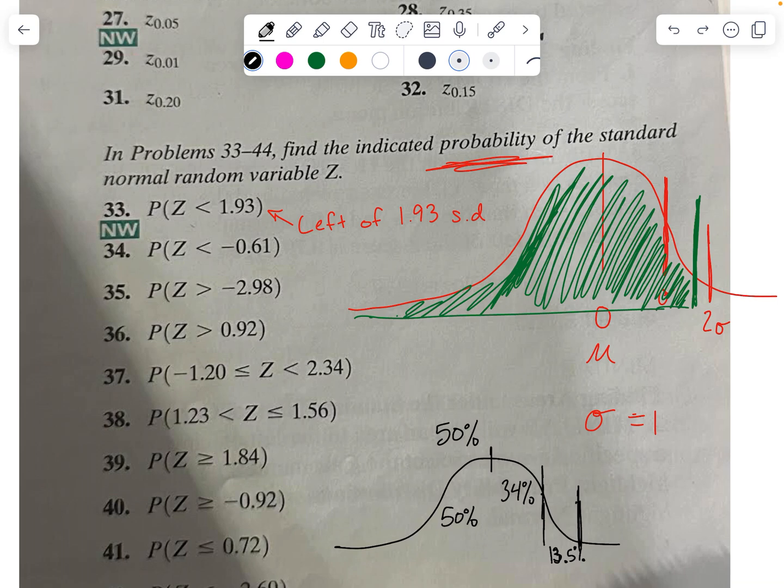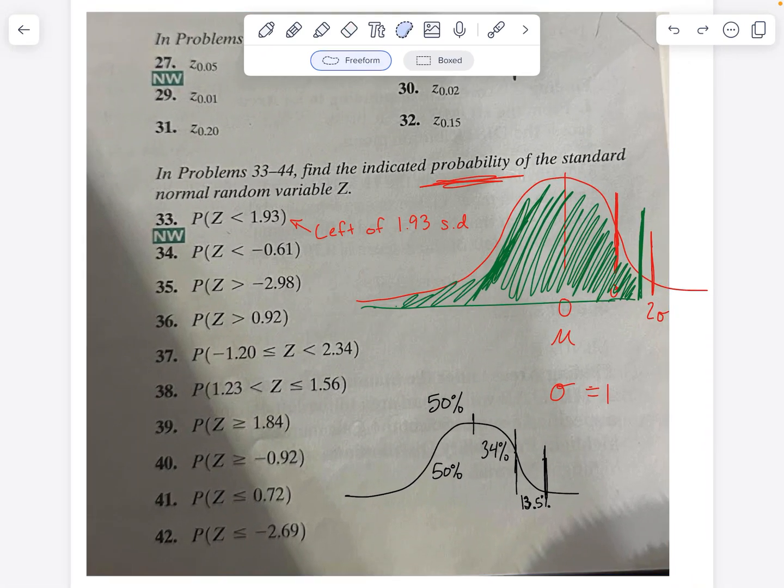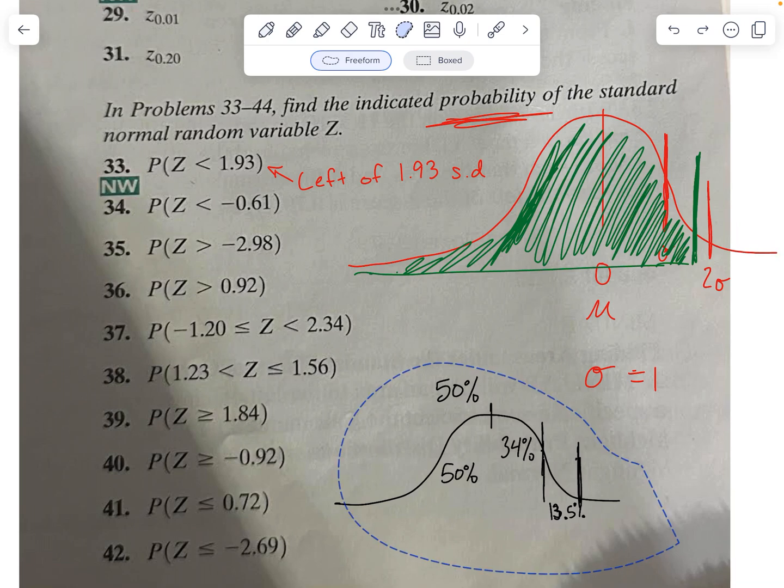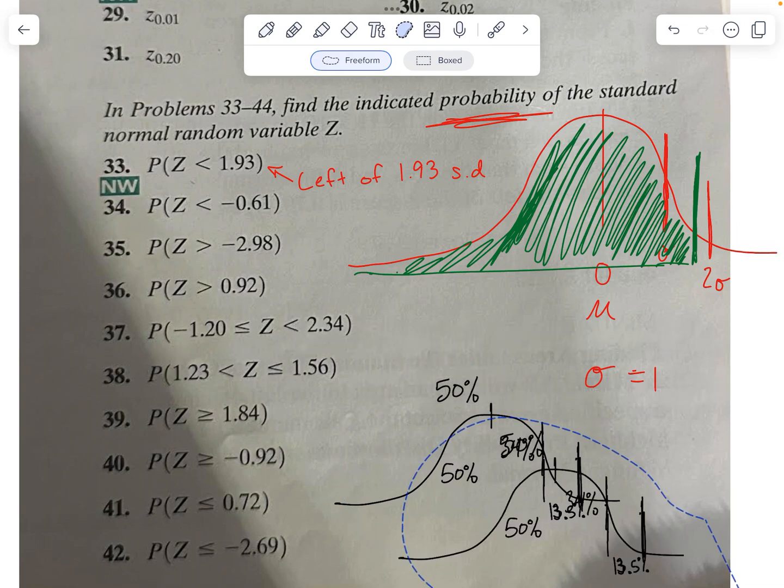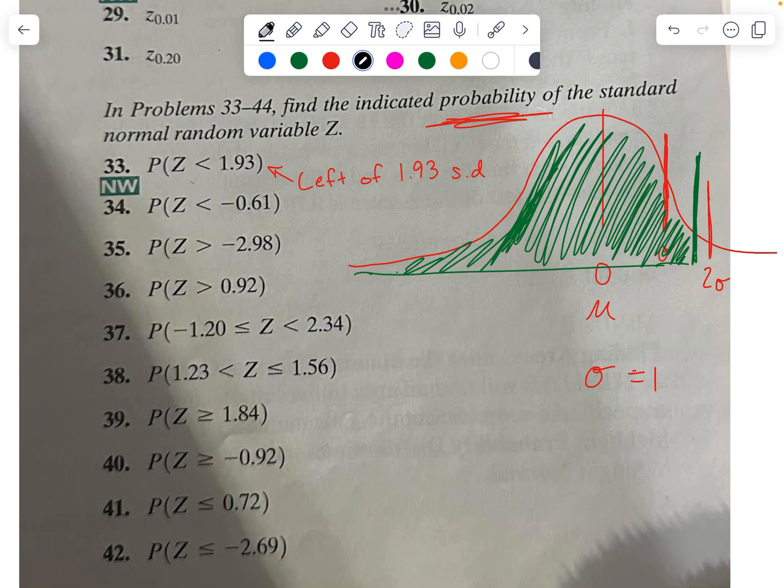So what I need to do to check this out is use my normal CDF. My lower bound is negative infinity, my upper bound is 1.93, my mu is 0, and my sigma is 1. So my mean is 0, my standard deviation is 1.